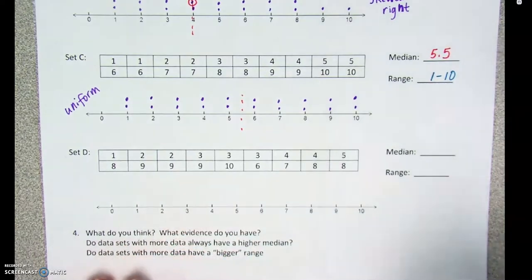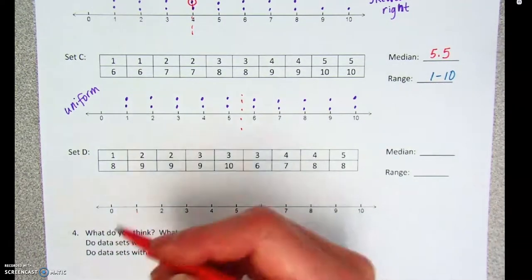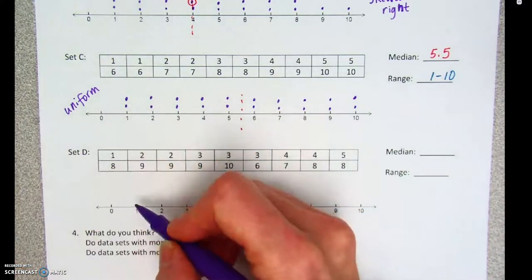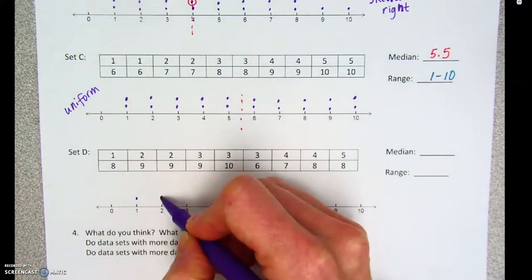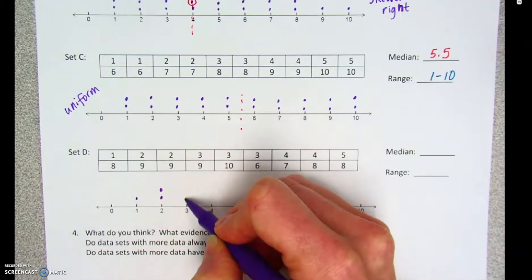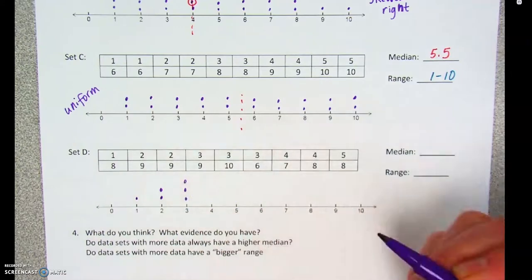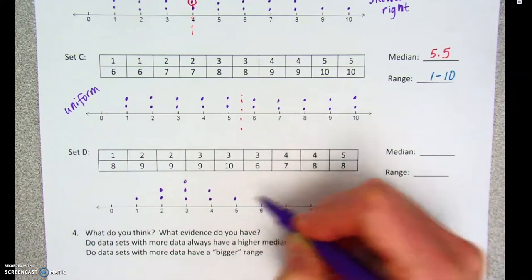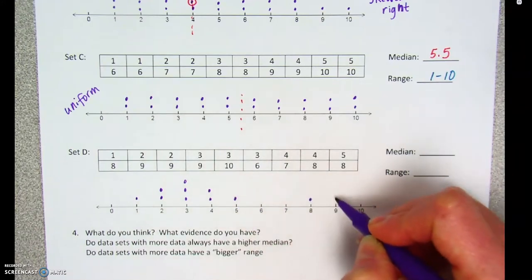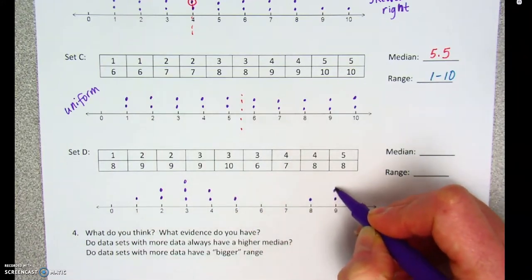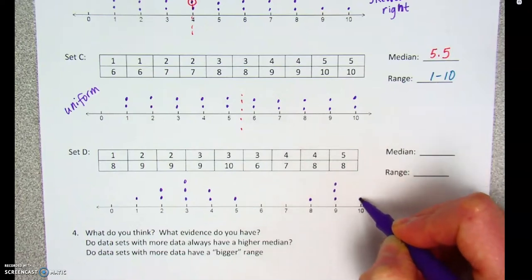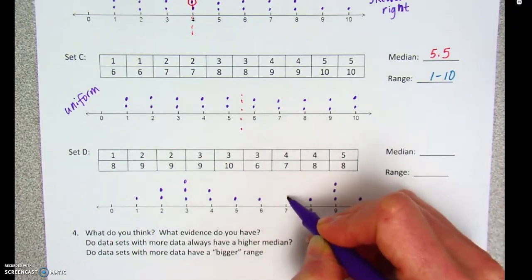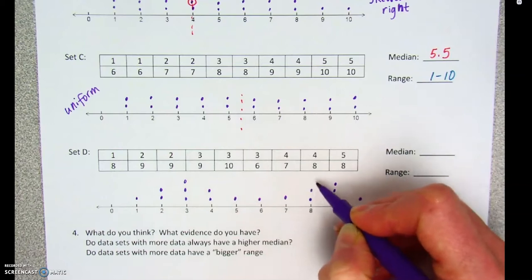One more. 1, 2, 2, 3, 3, 3, 4, 4, 5, 8, 9, 9, 9, 10, 6, 7, 8, 8.